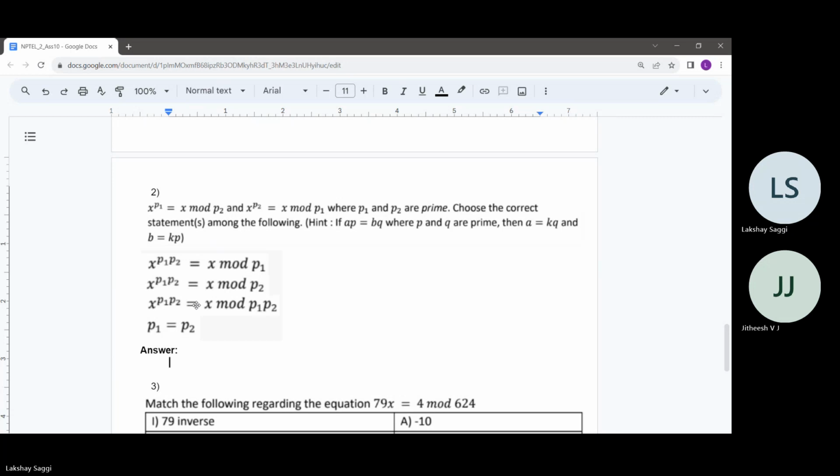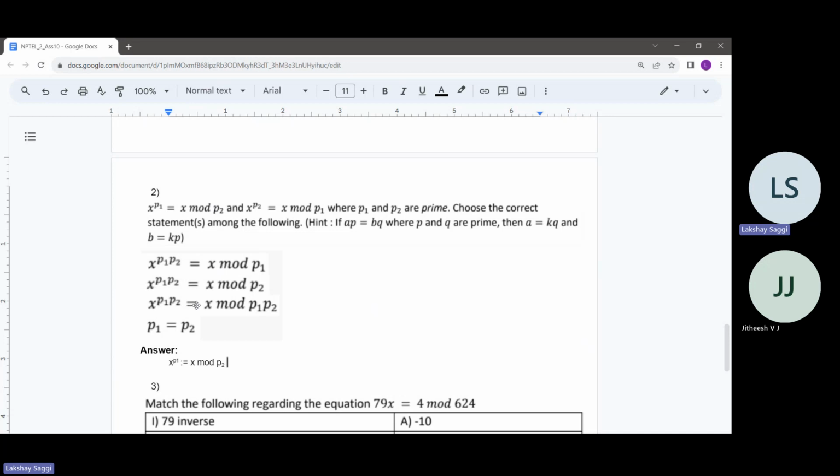So let's just consider the first equality given to us, which is x raised to the power p1 is, again I'm using this as a congruent symbol, x mod p2.